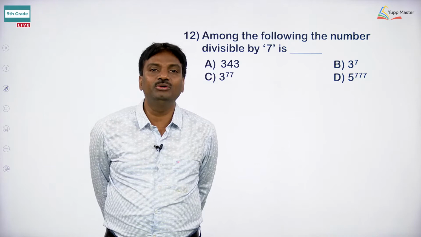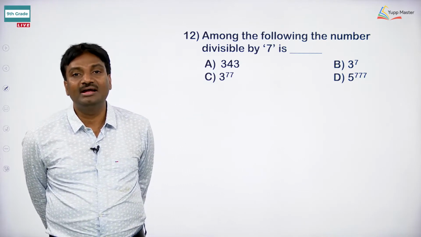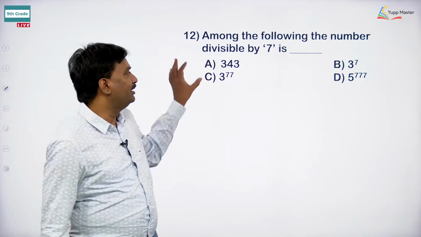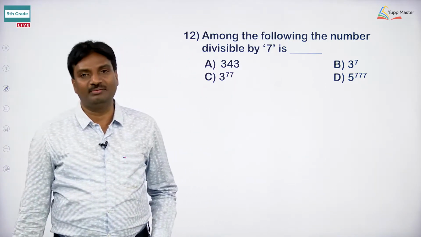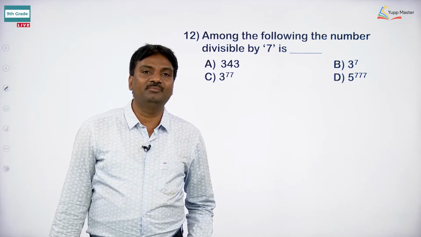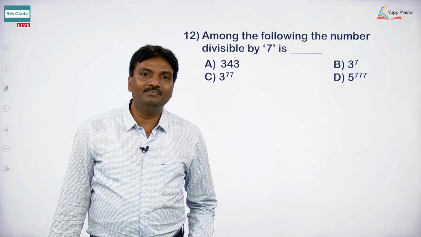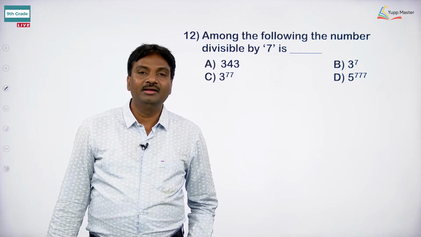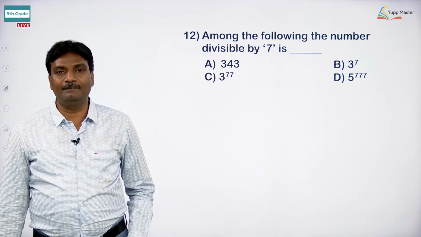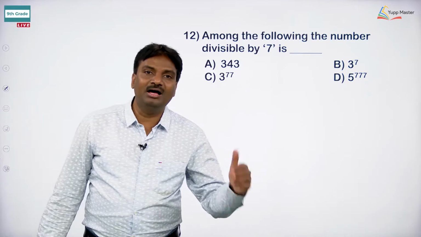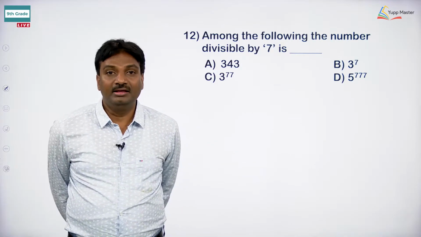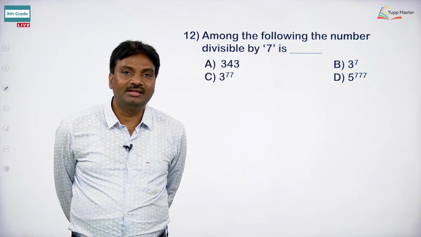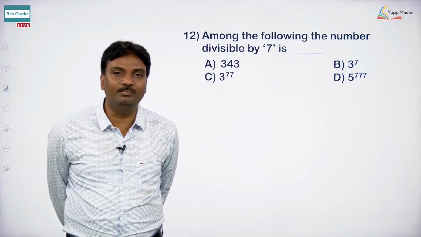Then you will get a new number. If that number is divisible by 7, then we can say the given number is also divisible by 7.